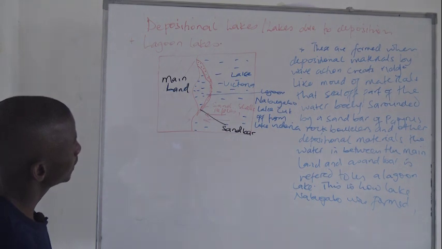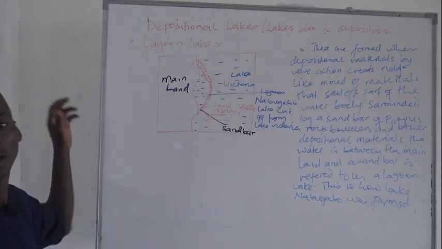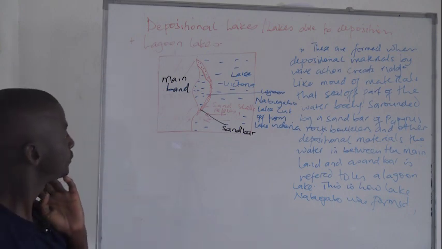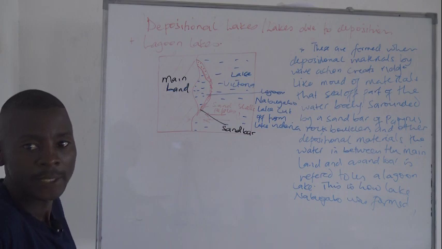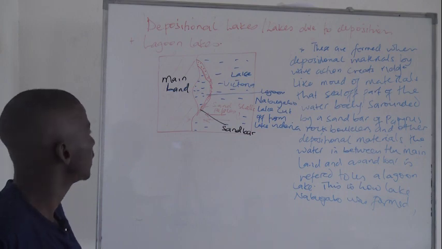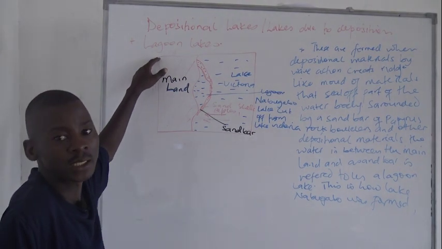So that's how it looks like. So that one is known as a lagoon. Clear? So the explanation comes first, then the diagram comes later.